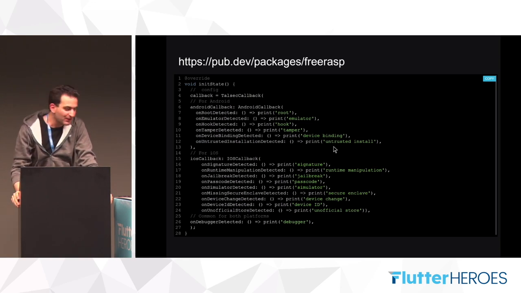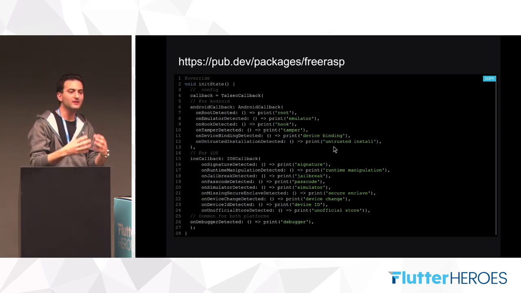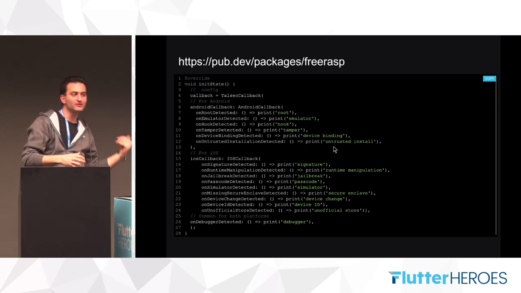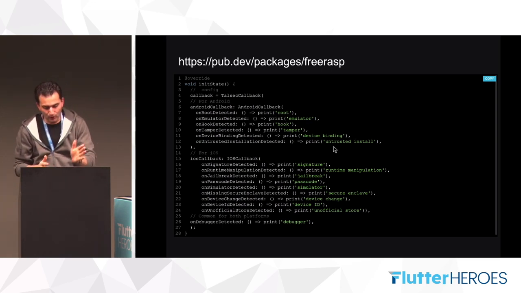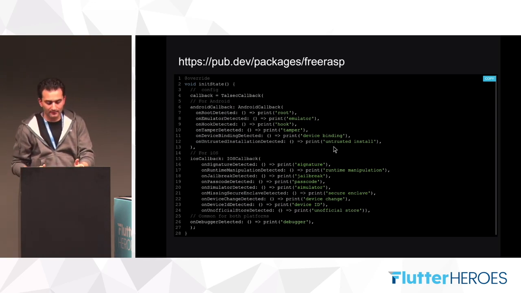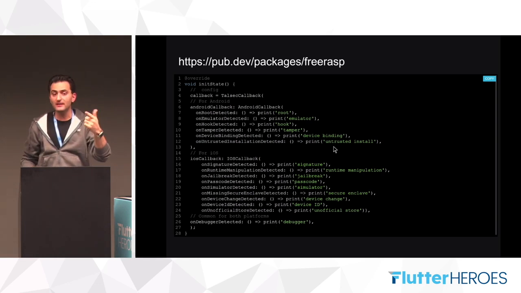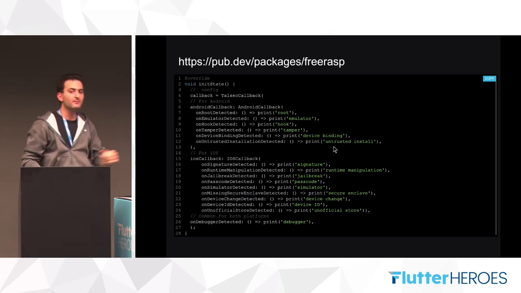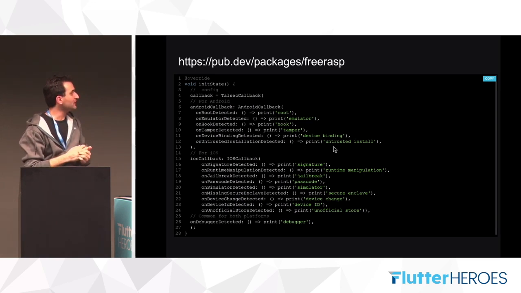So freeRASP is trying to address those issues that I mentioned that can happen during runtime. If you start using the freeRASP package, you get a couple of different attacks which notify you by a callback. For example, on Android, you get rooting detected.